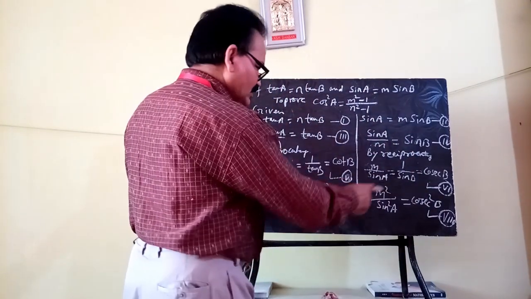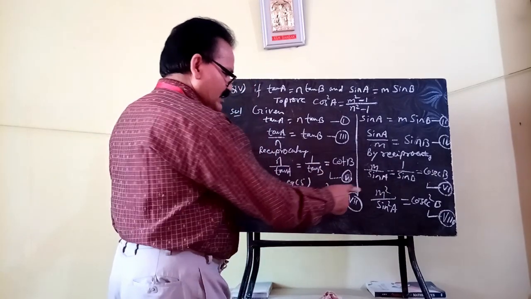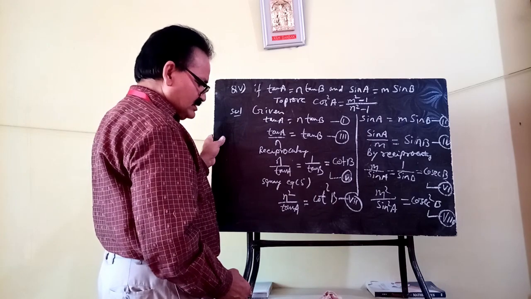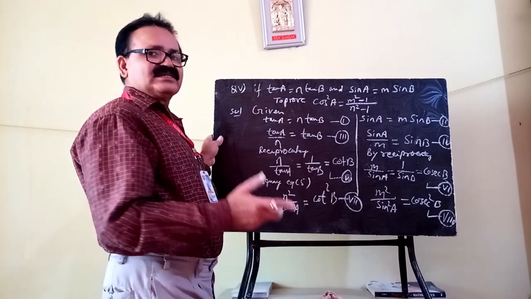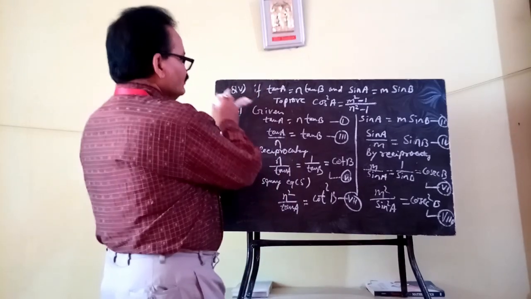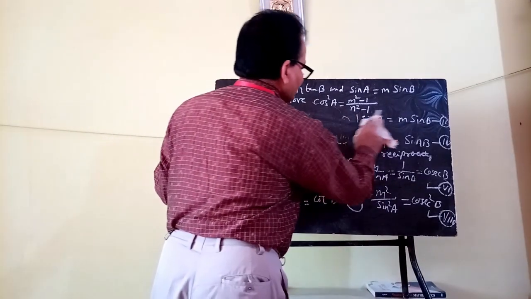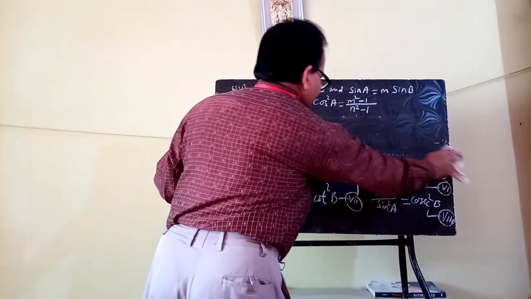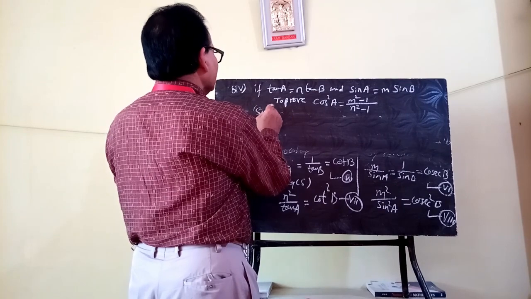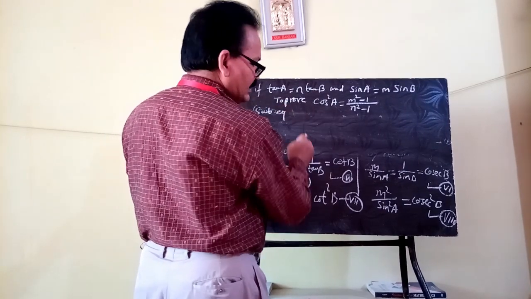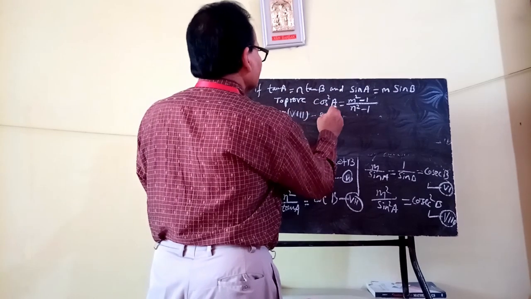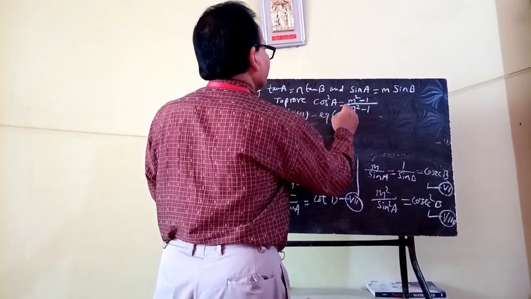Okay, you have got cosec square B as m square by sin square A and cot square B as n square by tan square A, because our target is to remove the beta angle. Now subtract equation 8 minus equation 7.